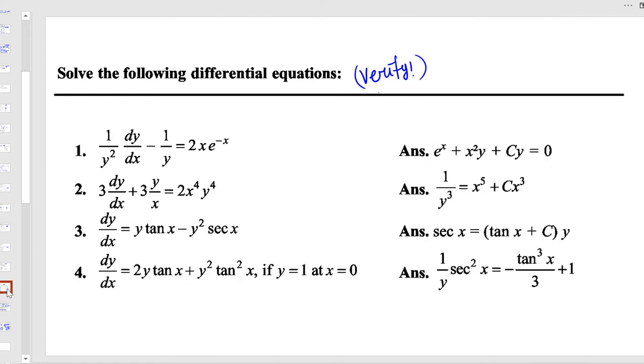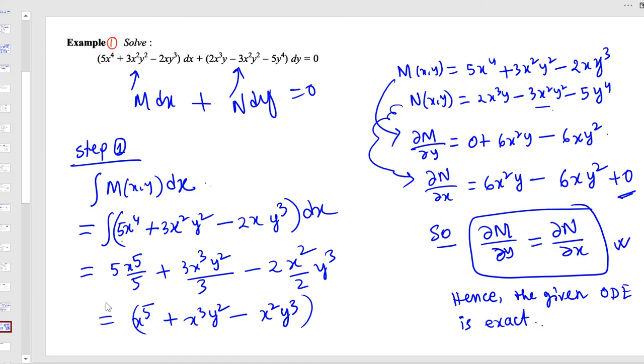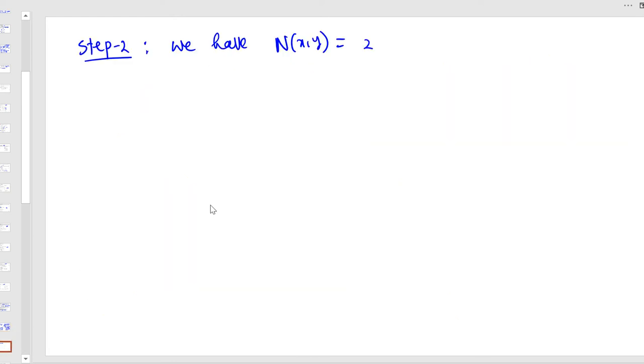So in our case, we have N of x y equals 2x cube y minus 3x square y square, and we have minus 5y to the power 4.